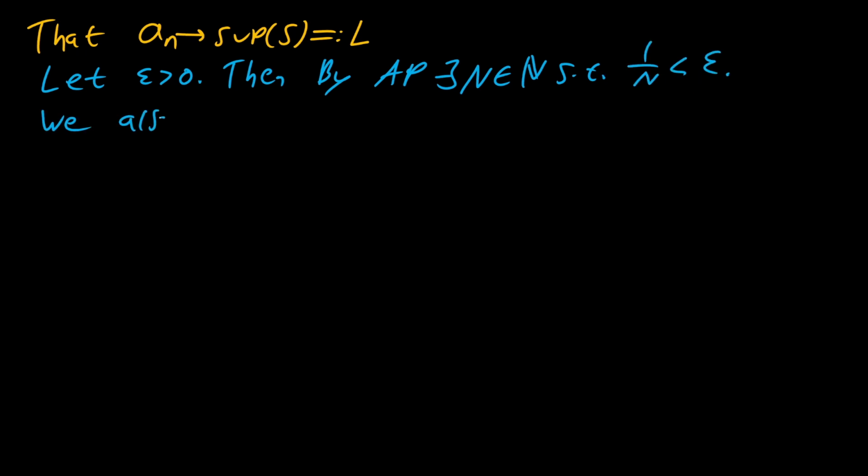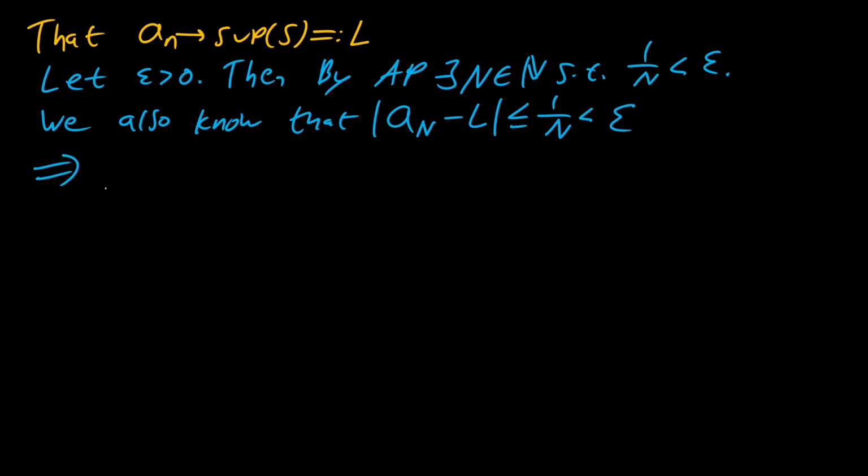We also know that for a capital N, the distance between this and L, well, that was designed to be less than or equal to 1 over n, which is less than epsilon.